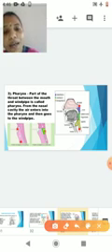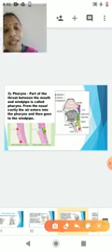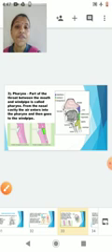So the green particle which you are seeing is the food. Now the food should not enter into the trachea at all. So to prevent choking, you can see that the epiglottis is closing the opening of the trachea and the food is slowly moving into the esophagus. Okay. So that is the function of the pharynx.